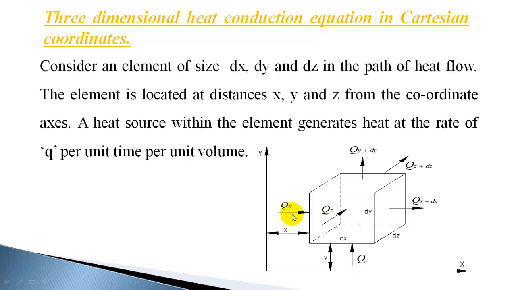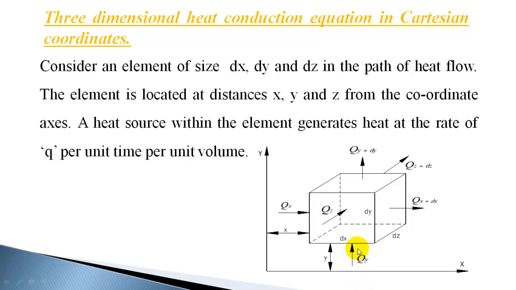Now the heat conducted at the left end of the element is Qx. Heat is entering the element and the rate of heat conduction is Qx. And the rate at which heat is flowing out from the other end of the element is Qx+dx.